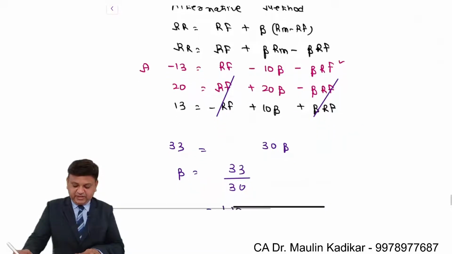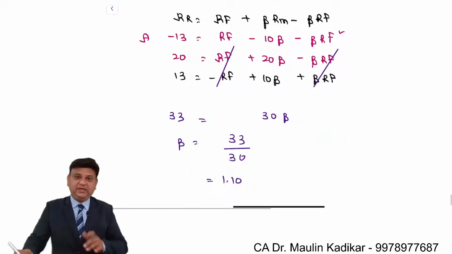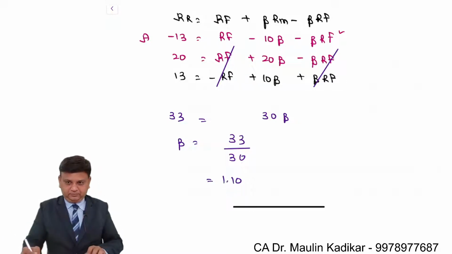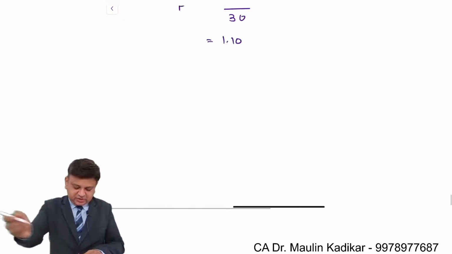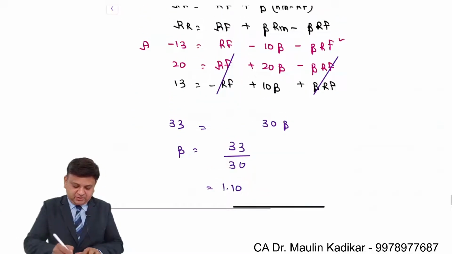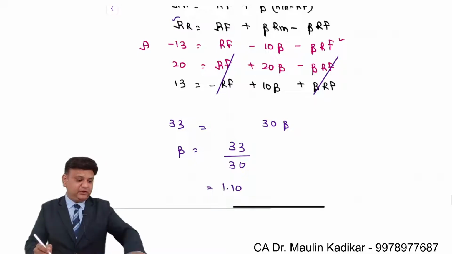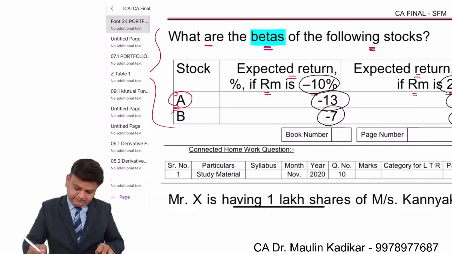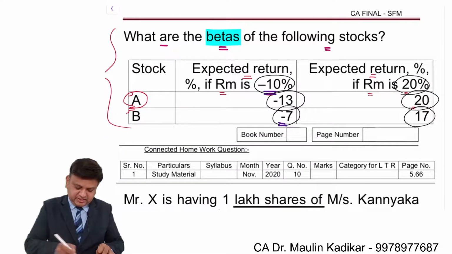And similarly, we can do it for B. The same process is required to be followed. In case of security B, we'll have the same equation. Required rate of return, when Rm is negative 10, this is negative 7.